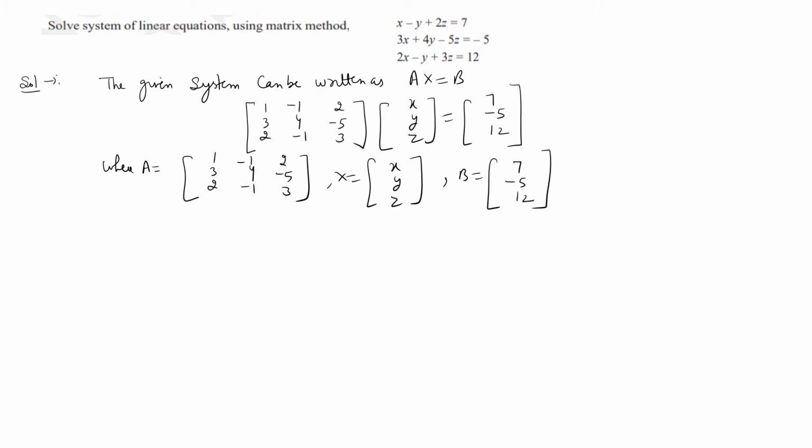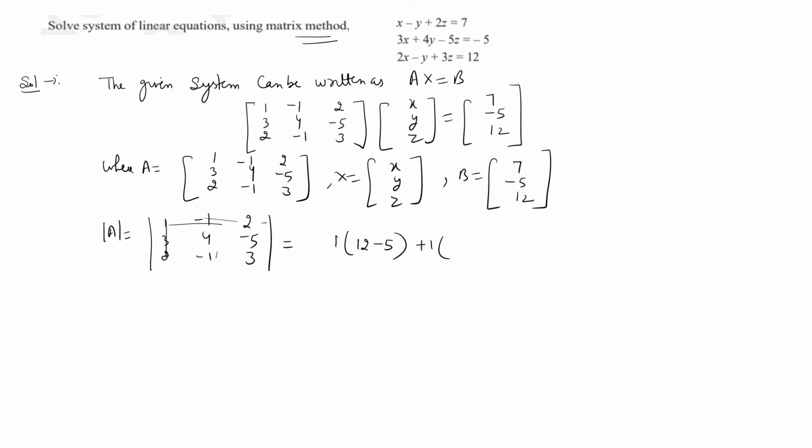So the very first thing I need to understand, before applying this method, is that I should check my determinant of A, because this method is applicable only when the matrix is non-singular, that is determinant is not equal to 0. So let us see, the determinant is 1, 3, 2, minus 1, 4, minus 1, 2, minus 5 and 3. So it becomes 12 minus 5 plus 1.